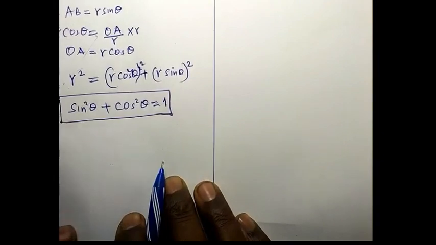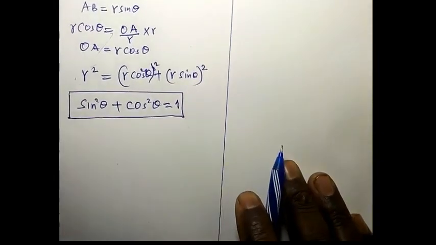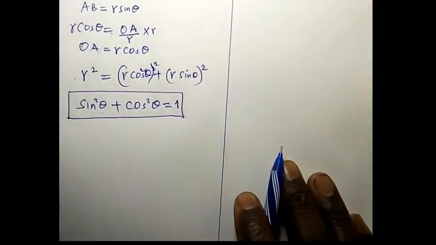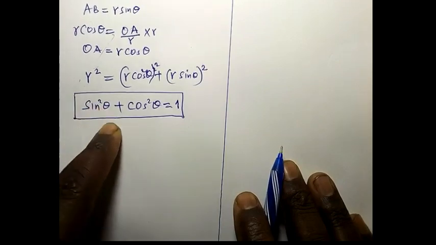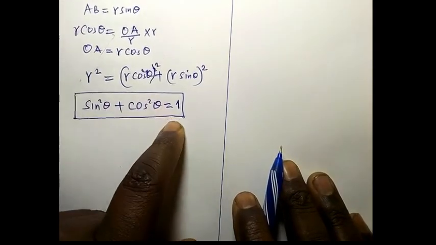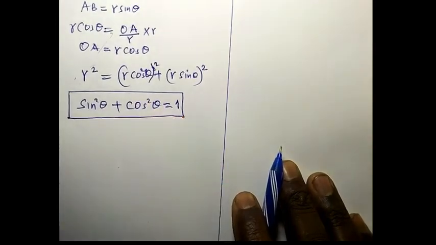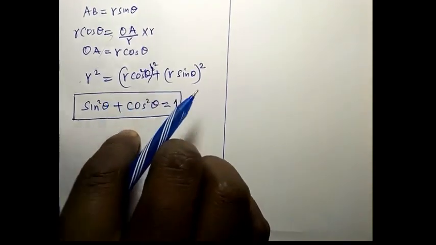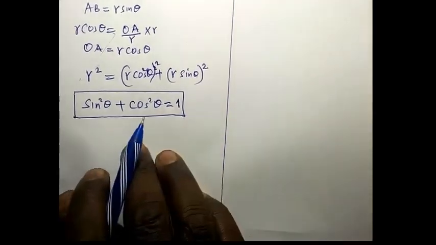This is a very important equation in trigonometry, which you must know: sine squared theta plus cos squared theta is equal to 1. Very important, so you must master it.